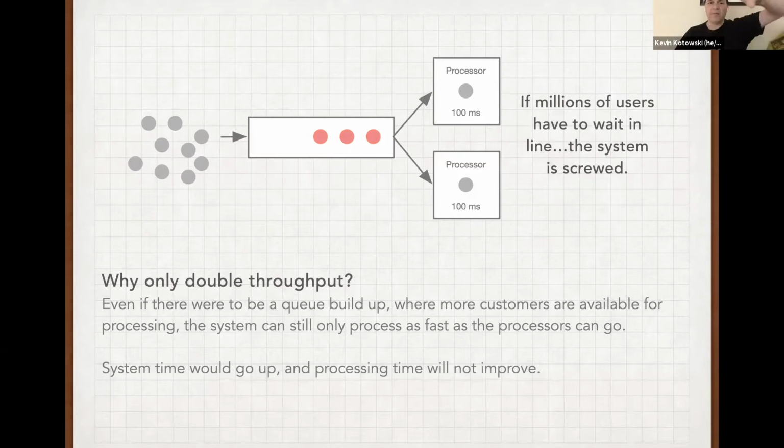So even if there was a huge queue behind, let's pretend it was thousands of people in the line, and we've now doubled our number of processors, those processors can't go any faster than what they do. They're going to process customers at the same rate. So when you double the processors, all you get is double the throughput. And then I just got a little mention there that if millions of users are in this queue, the thing is going to crash. The queue is just going to grow infinitely.